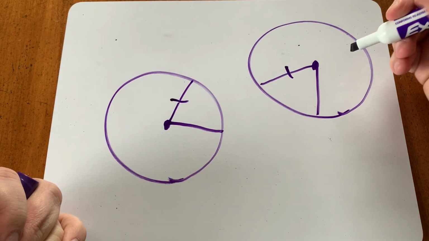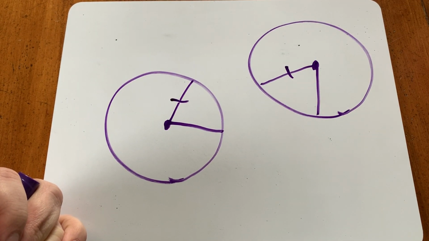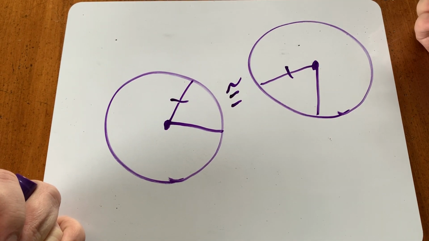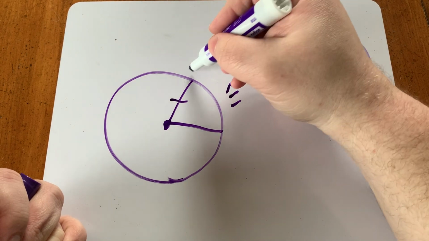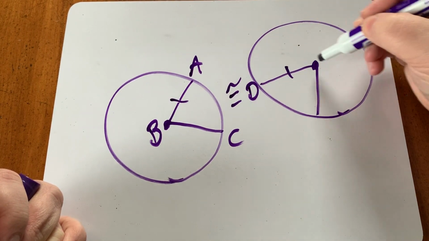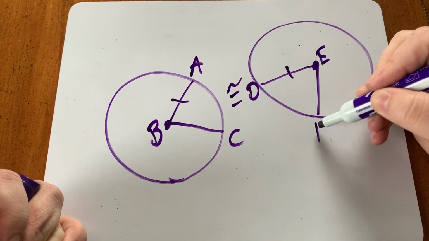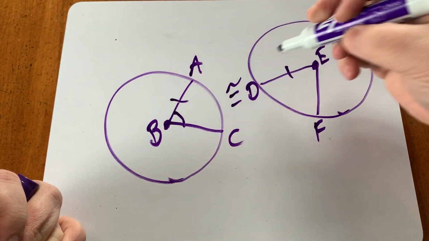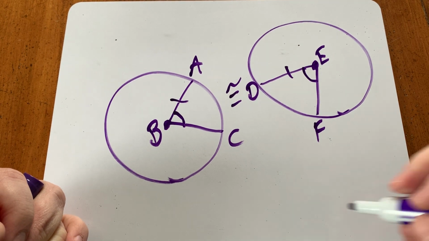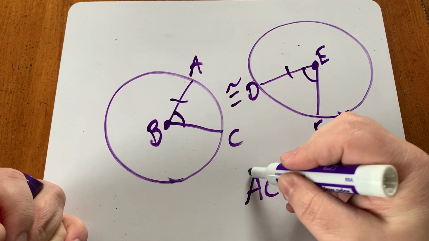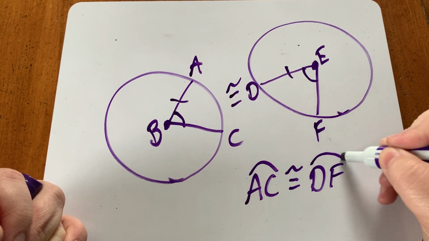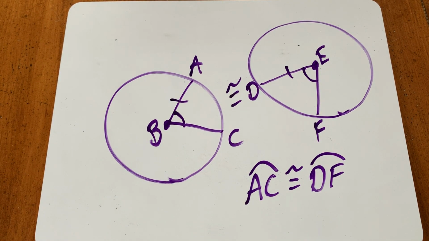If the radius of one circle is congruent to the radius of another circle, the 2 circles are congruent. And if a central angle of one circle is congruent to the central angle of another circle, the corresponding intercepted arcs are congruent as well.